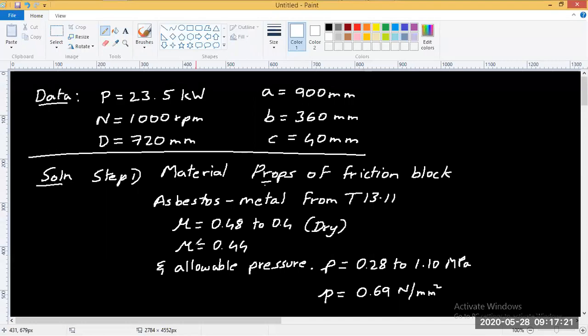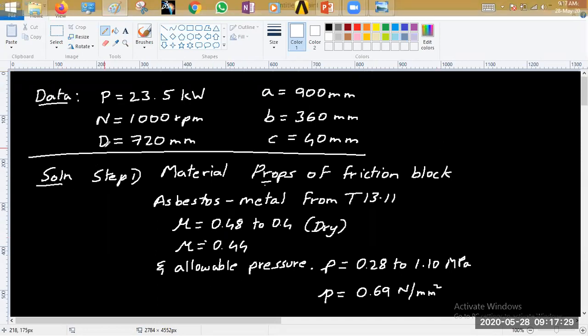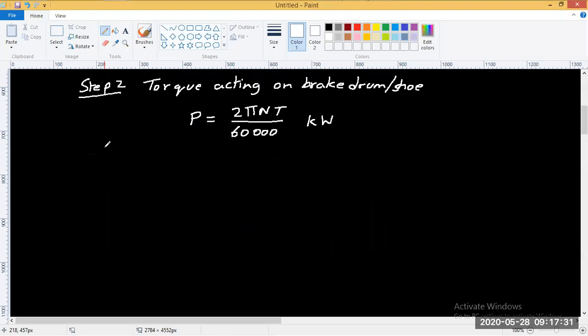Power is 3.5. So 3.5 equals 2 pi n T over 60,000, where RPM n was given as 1000.